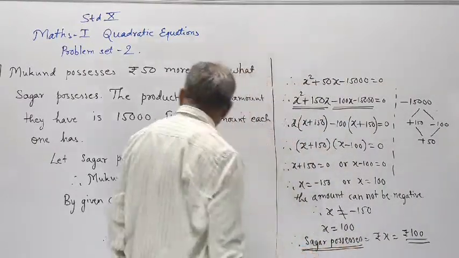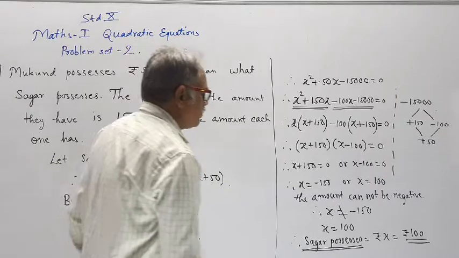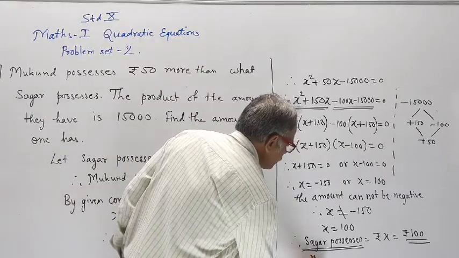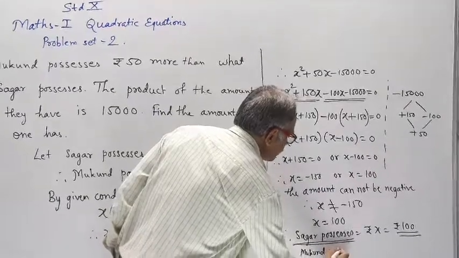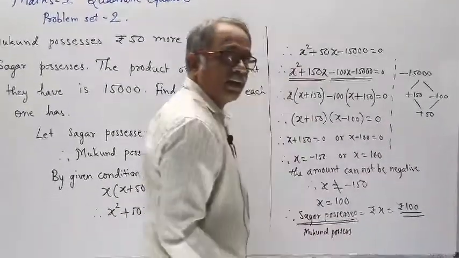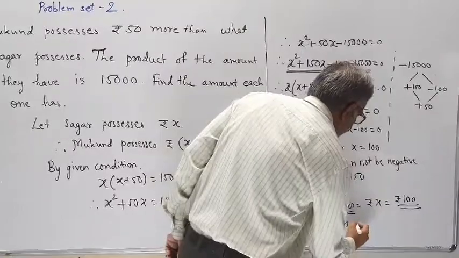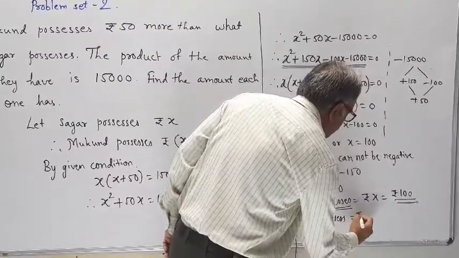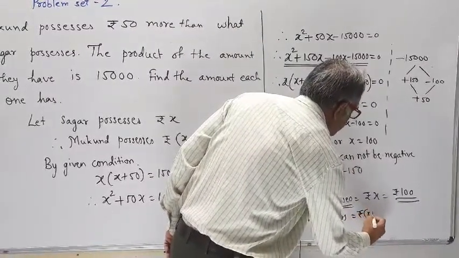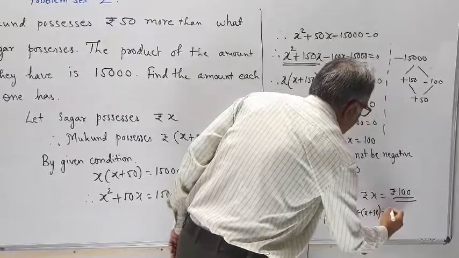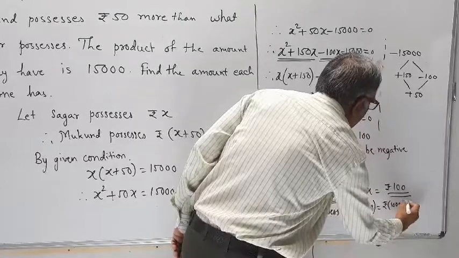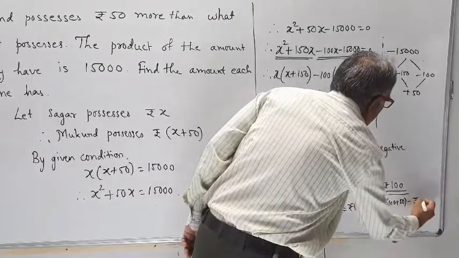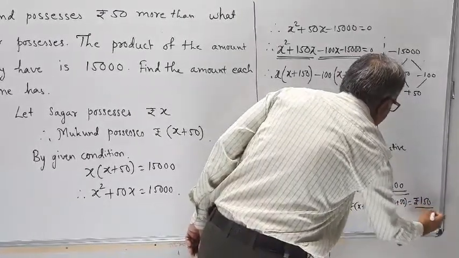And another person, Mukund, possesses x plus 50, rupees x plus 50, 100 plus 50 equal to rupees 150.